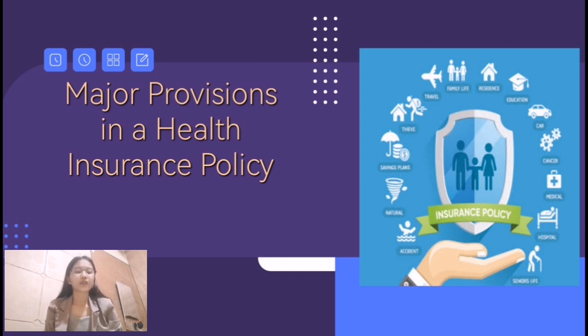Every health insurance has certain policies that you need to understand: which policies your health insurance covers, what its benefits are, and also what limits they provide. So here are some of the common provisions that we see in every health insurance policy.